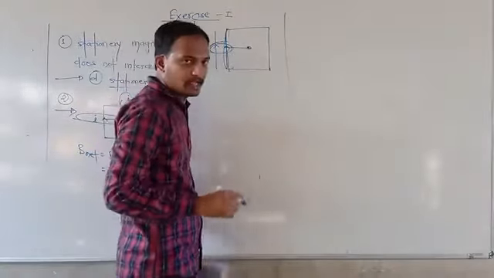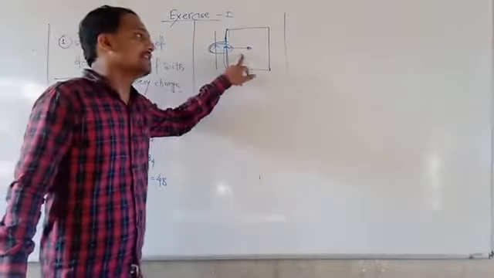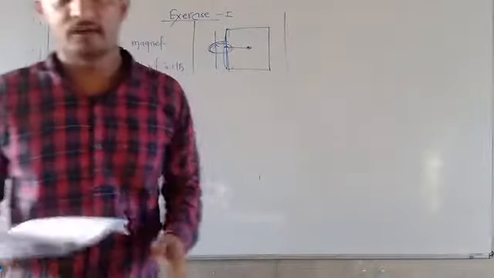So as compared to the square, the field is less when we have put this wire. So option number one.